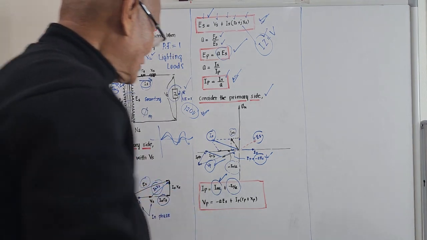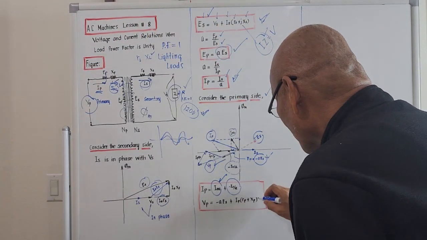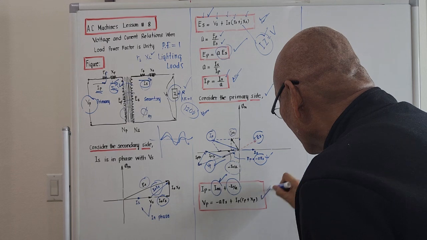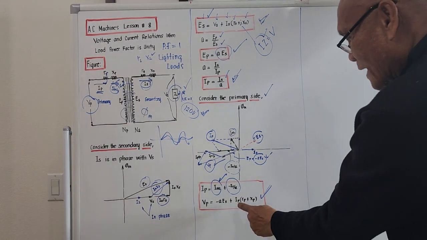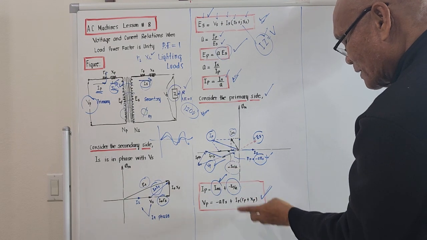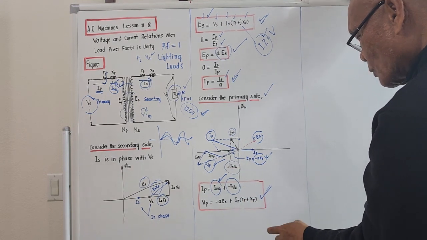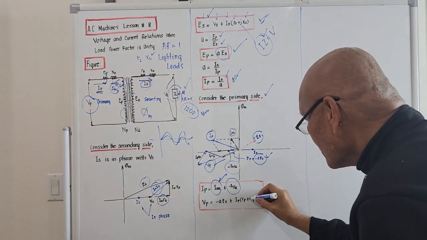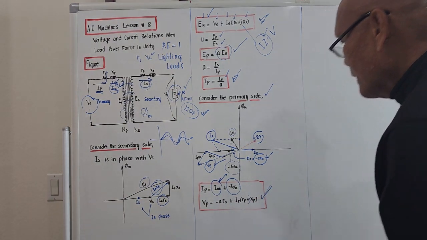And this is represented by this formula here. Okay? The product IP, the total primary current, times the vectorial sum of RP plus jXP. This is plus jXP, that should be j. Okay?